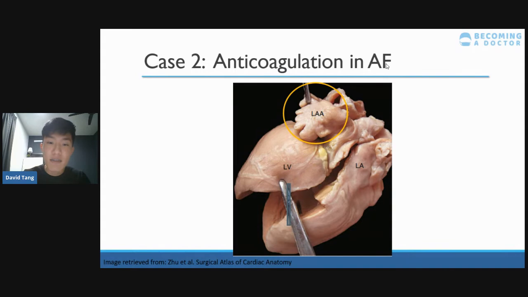And as you can see, the left atrial appendage is actually an extension of the left atrium, and it doesn't serve any purpose other than being an evolutionary rudimentary organ. So if you get fibrillation of your heart where the blood is not efficiently removed from the left atrium, pooling of blood in the left atrial appendage, as you can see, which occurs in quite a big capacity, can lead to clot formation. So this is why we anticoagulate patients.